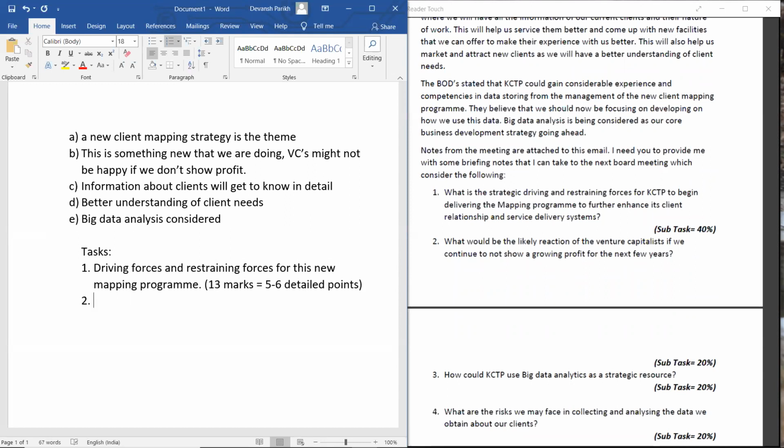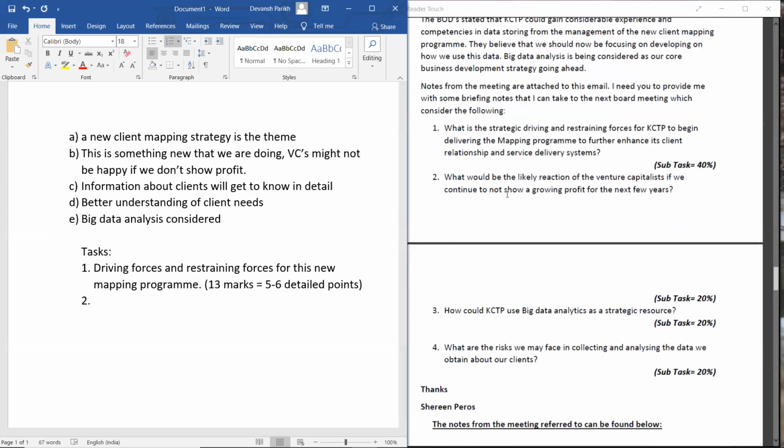I'm then writing the second task down. Now, what would be the likely reaction of venture capitalists if we continue to not show a growing profit for the next few years? So, reaction of VCs if we don't show growing profit.